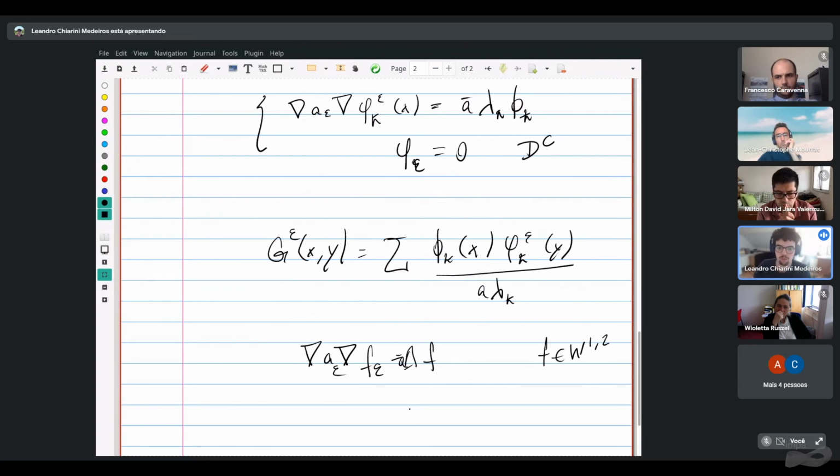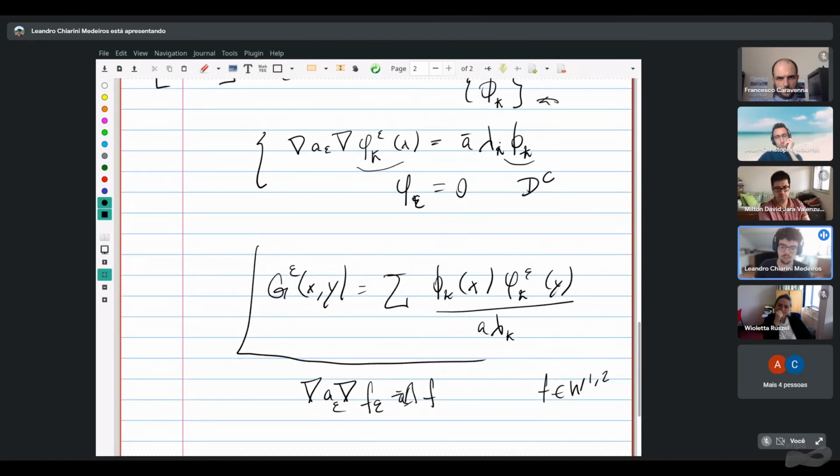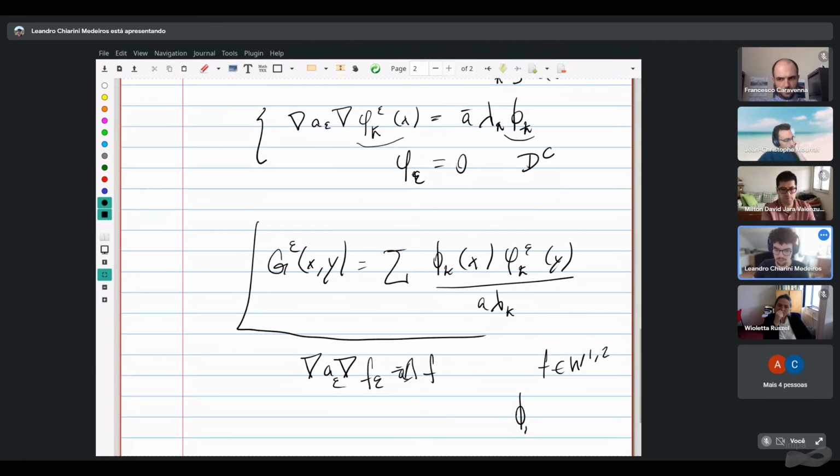You can use this fact to understand the convergence rates for this particular choice of operators, together with some interpolation techniques to understand the norm W1 plus alpha P that I think shows up in your book.